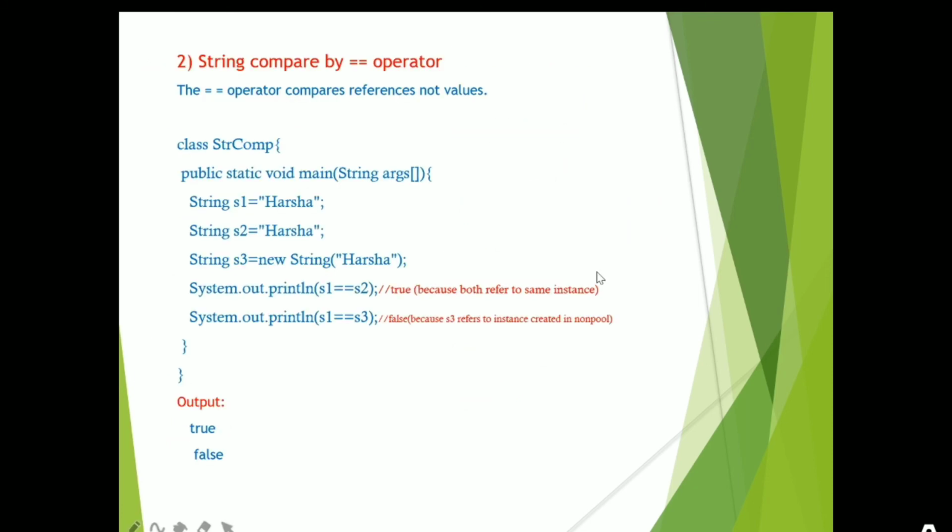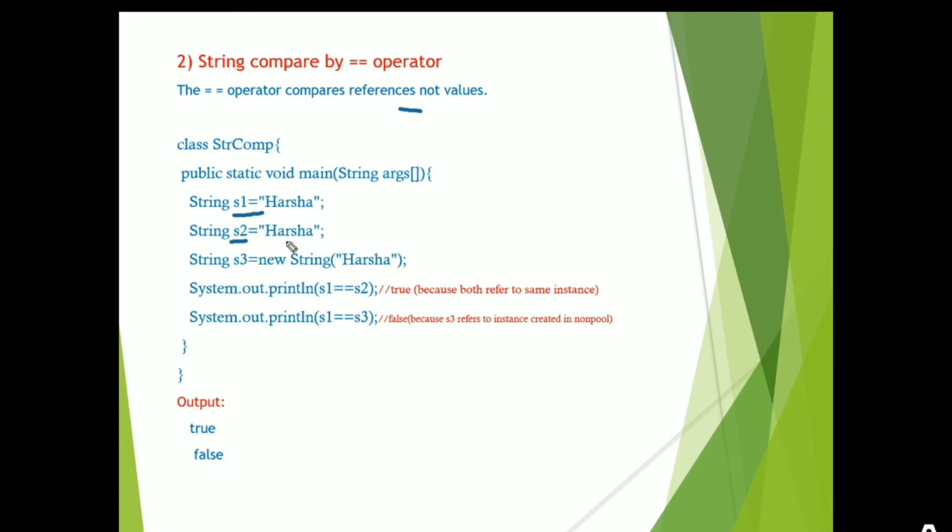And another way is the double equal to operator. Here the double equal to operator compares references, not values. We created objects, and s1 is the object which refers to Harsha. And s2 is also created which refers to Harsha.